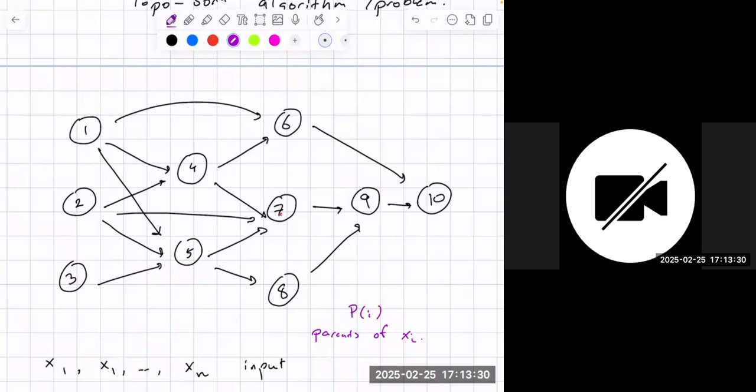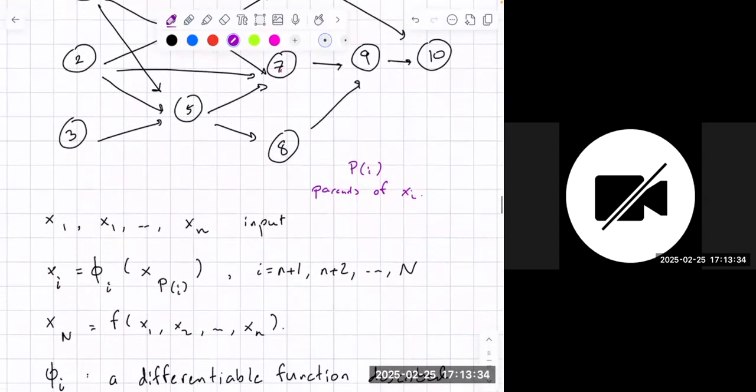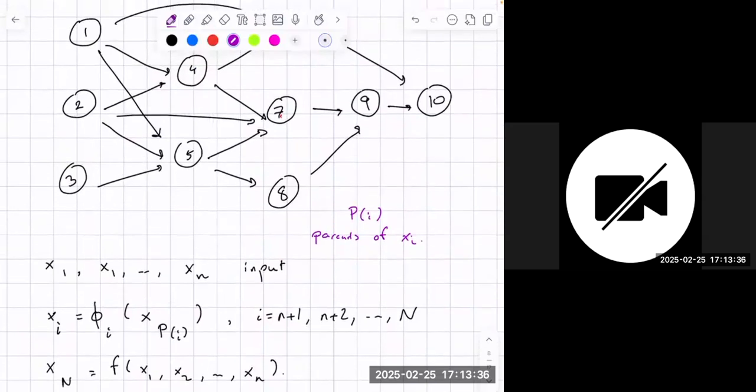Okay. Now let me go through this directed acyclic graph you're seeing. So you will get some input stuff. And then off of those inputs, here I got 3 inputs, I'm creating more variables. Think about the output of every function as a variable. Call the output of this guy x5. Okay. Now you've got a whole bunch of more variables created off of your functions.